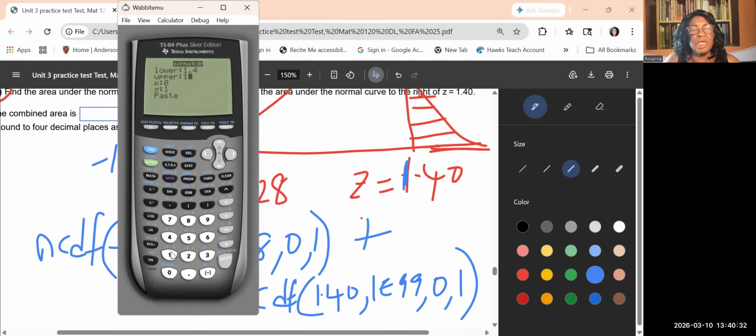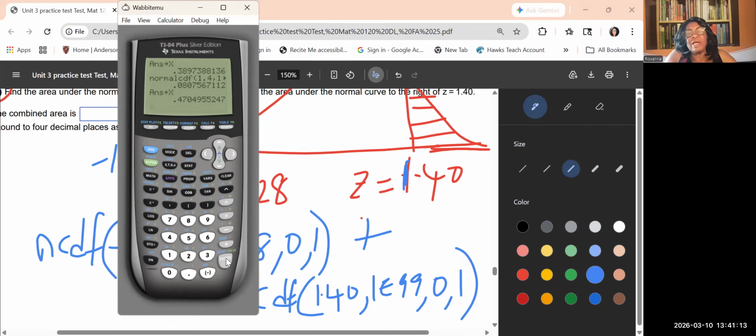Therefore, I'll type in 1e to the power 99. The mean is 0, standard deviation is 1, and I will paste. Is this correct? Is that what I'm supposed to type in? Yes. So I hit enter. Now I get an answer. So I'll add the answer I stored in X to this answer, plus X. And I hit enter.